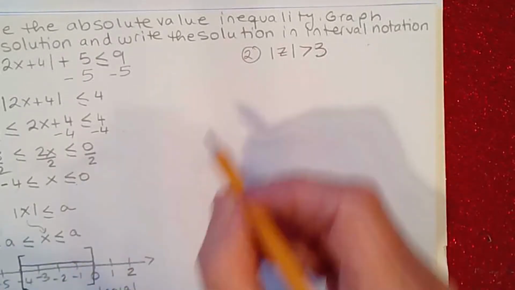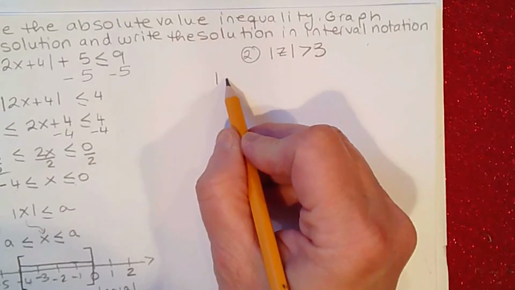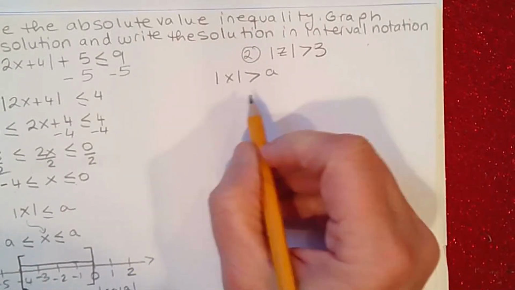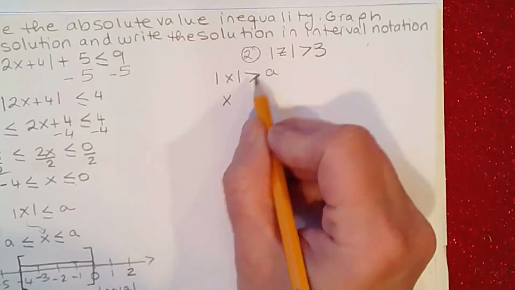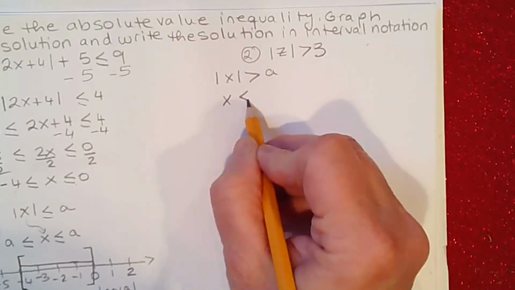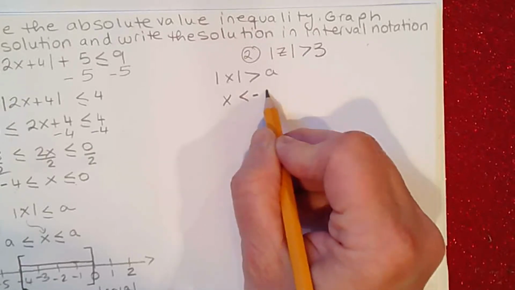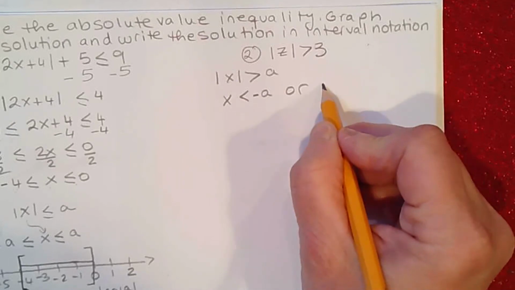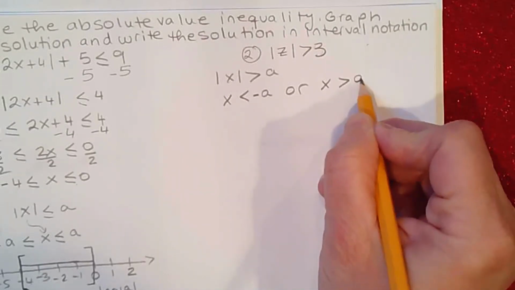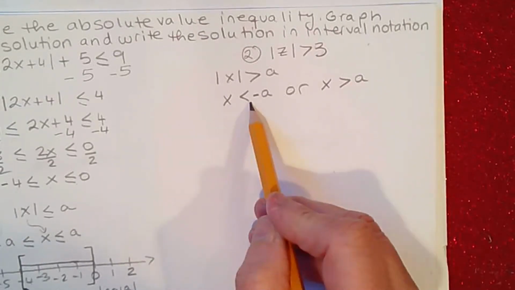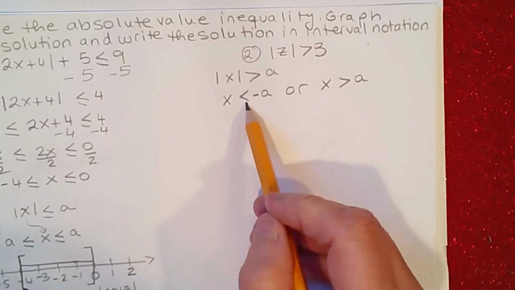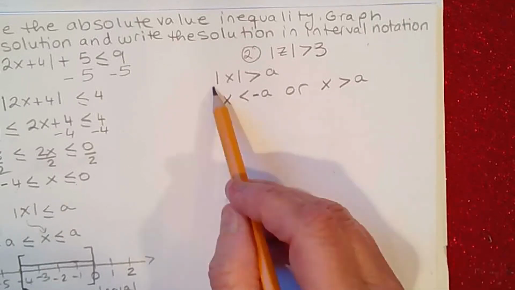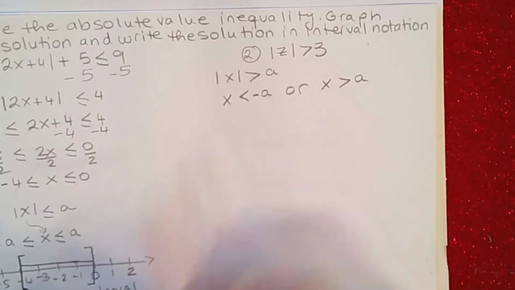If we're going to be using a here, the absolute value of x greater than a, that's equivalent to x, you flip the inequality, opposite of a, that's negative a, or x greater than a. So the solution is x less than, you flip the inequality, the opposite of a, or x greater than a, the same that you have here without the absolute value.